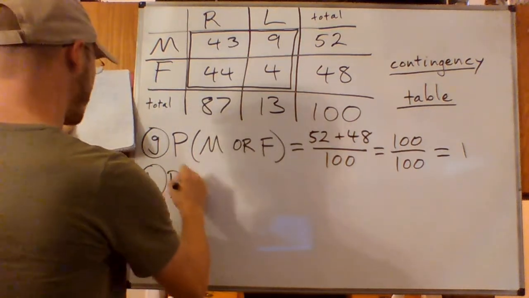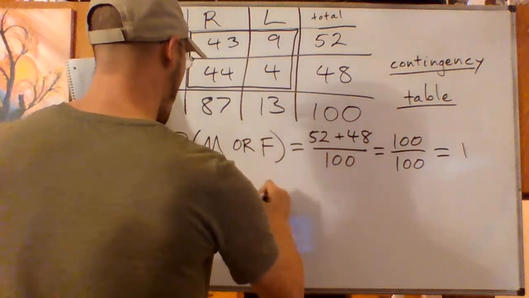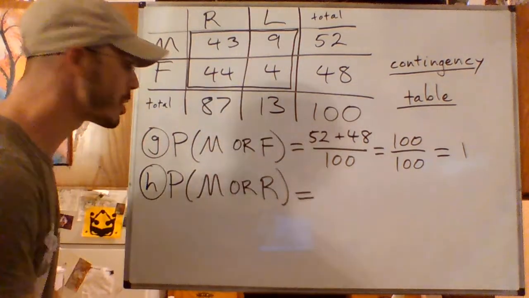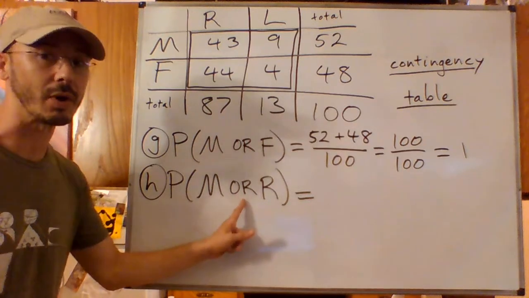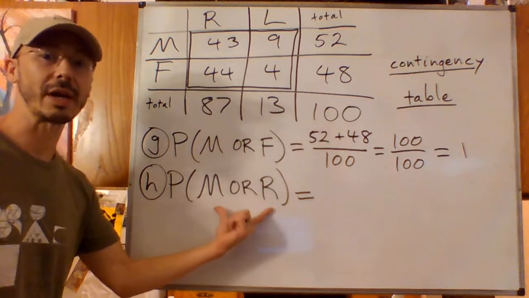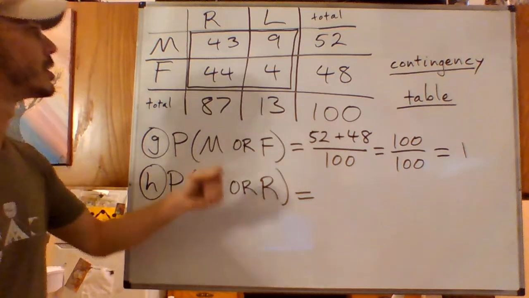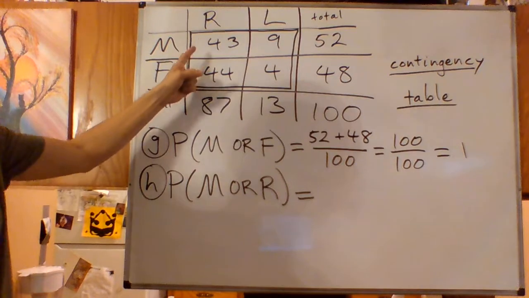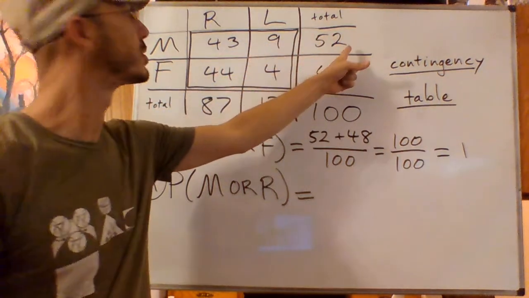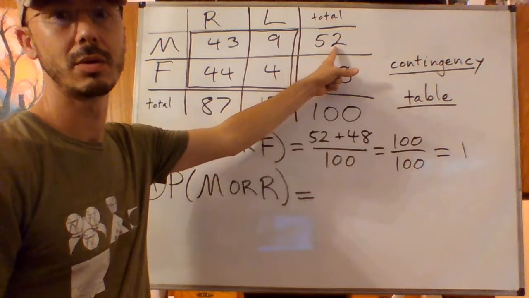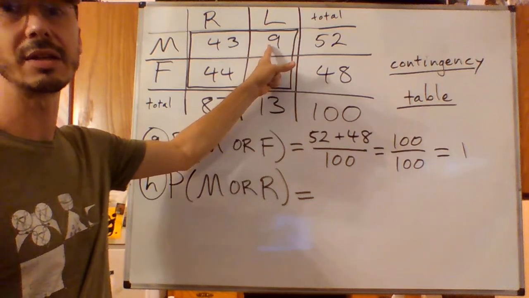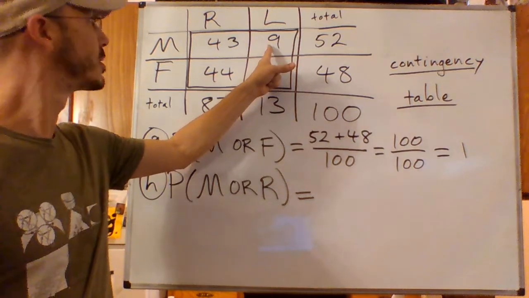For H, we've got the probability of M or R, and that's the inclusive OR. It means male or right-handed or both. Well, I don't want to use the male total because, well, yeah, we should include the 9 here because they're males.